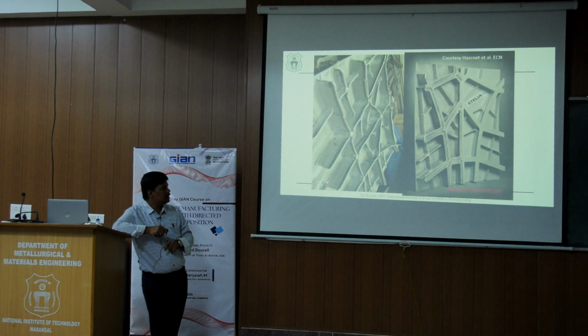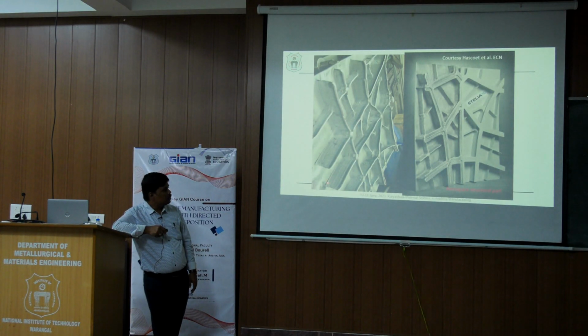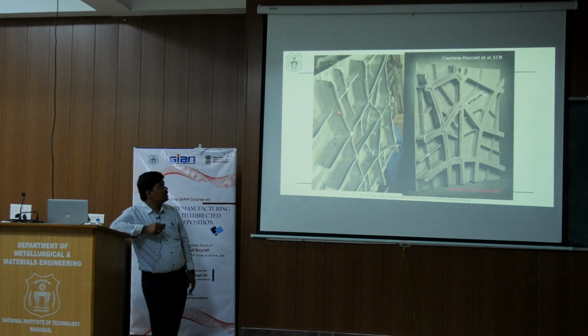Even here you can see a lot of delaminations and deformations. We took a plain sheet and tried to manufacture different kinds of walls, but even at the junctions you can see a lot of defects.